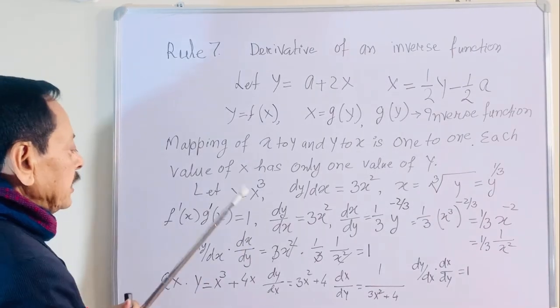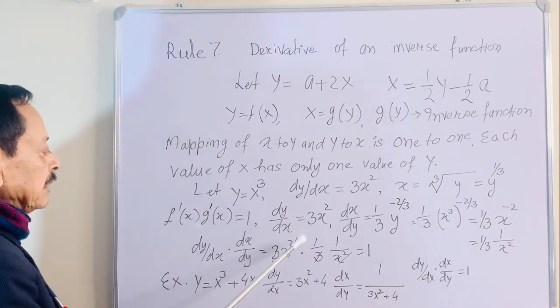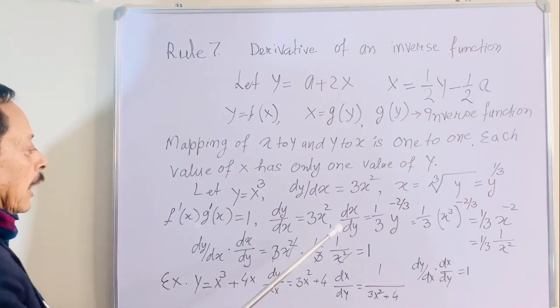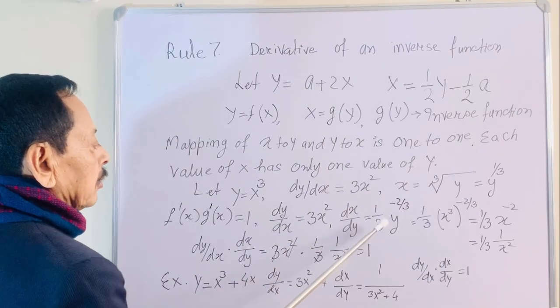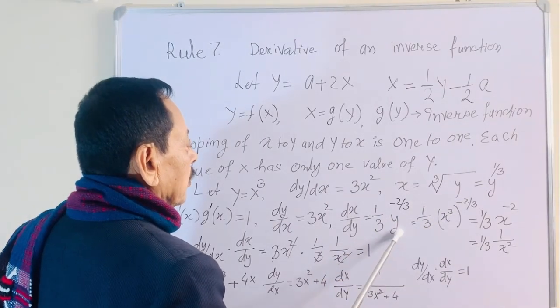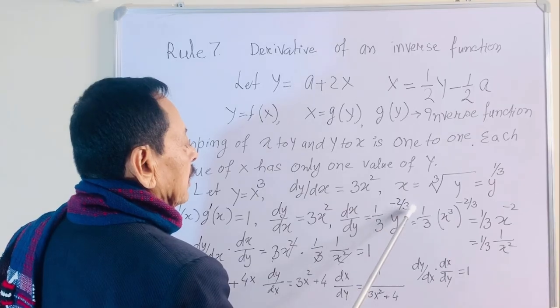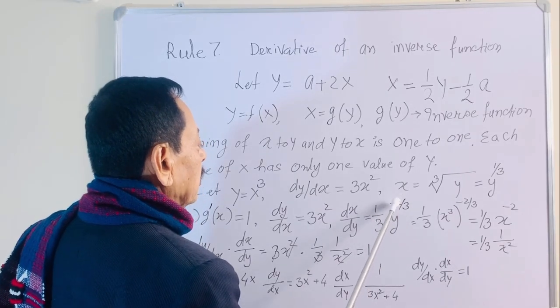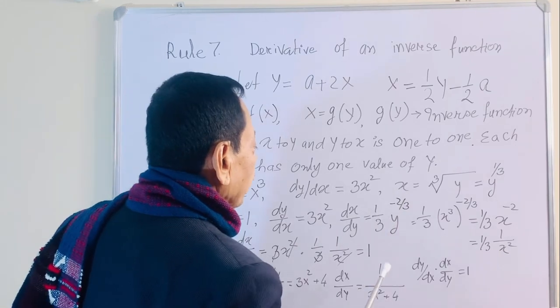So dy by dx is equal to 3x squared, and dx by dy is equal to, power into variable to the power minus 1, 1 by 3 into y to the power minus 2 by 3.